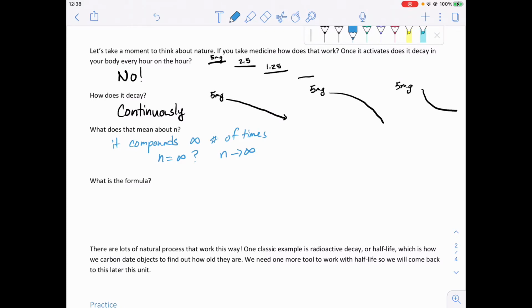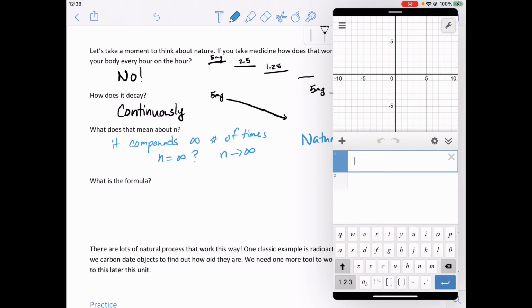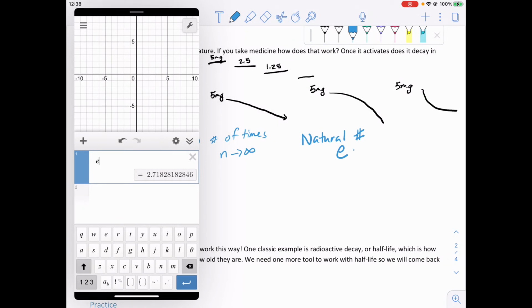But what happens is we get this, what we call natural number that it goes to, called e. So e is a number. If we look in Desmos and I type in e, it actually gives me a number. This is like pi. It doesn't end. 2.71828182846, etc. It does not end. It's a non-repeating decimal.